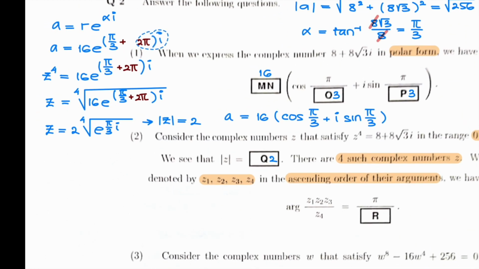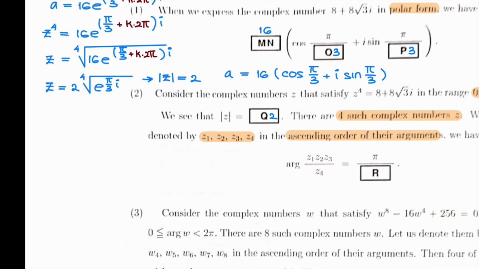I need to put k here, k 2 pi. Wait a minute, let me rewrite it. We need to put k because we need the general form, like this. So when I want to calculate z, wait a minute, I will write down. I think I will erase this. Oh no, I will erase this one.